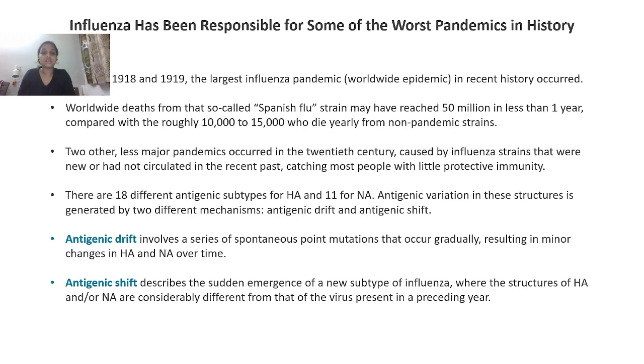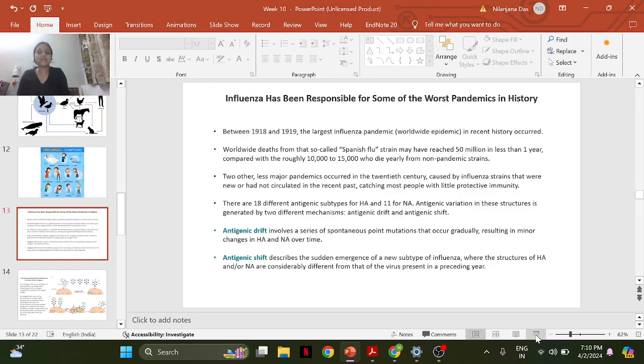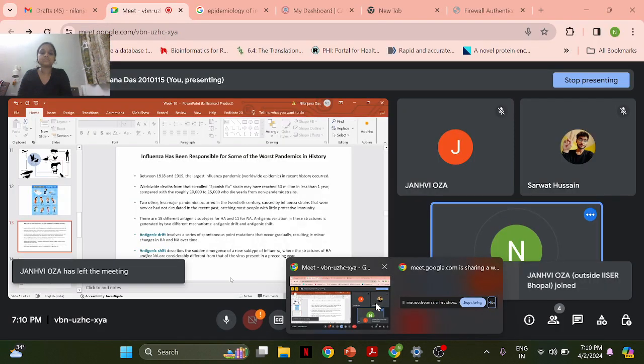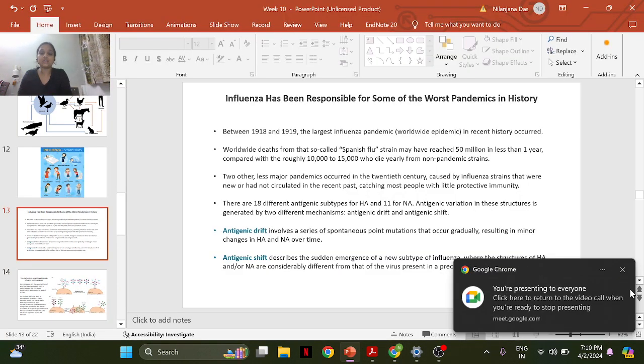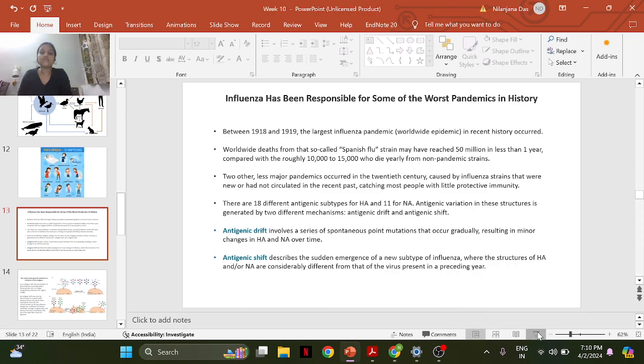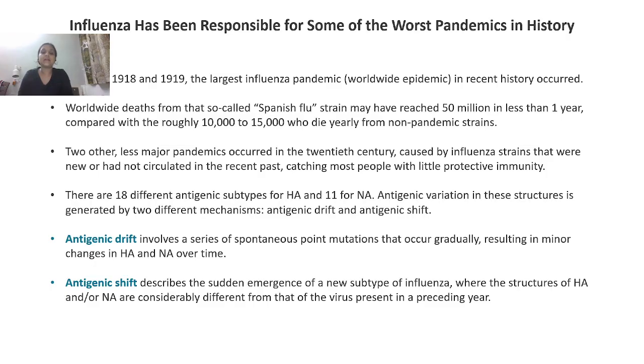Point mutation means it will only affect one kind of nucleotide, so whenever there is a point mutation, there will be a minor change. It is not too much change at one time. It is a minor change that occurs over a time period.